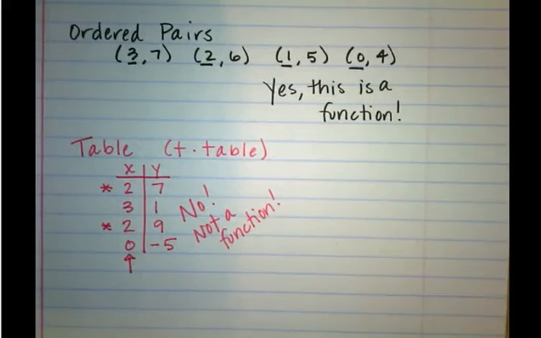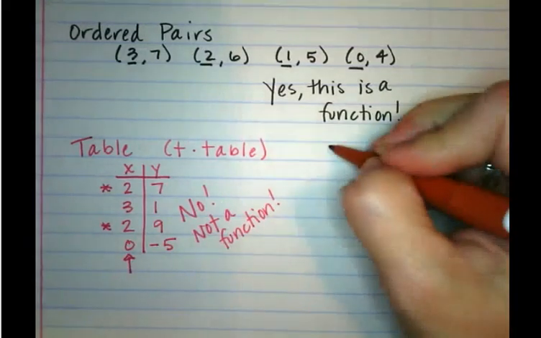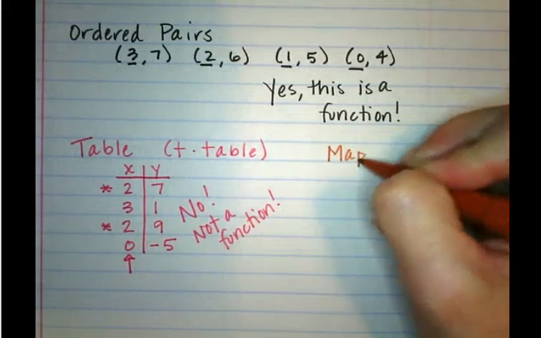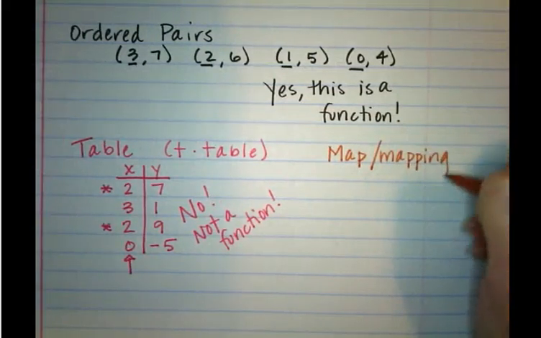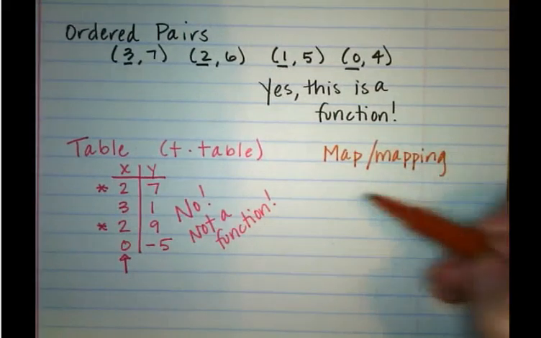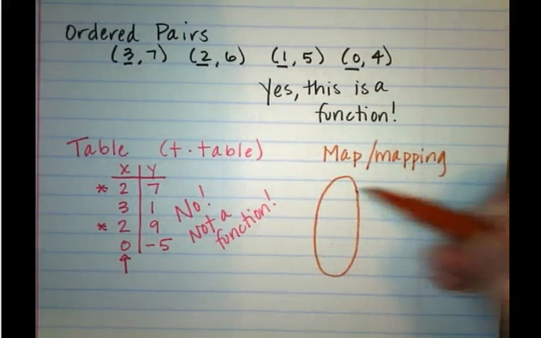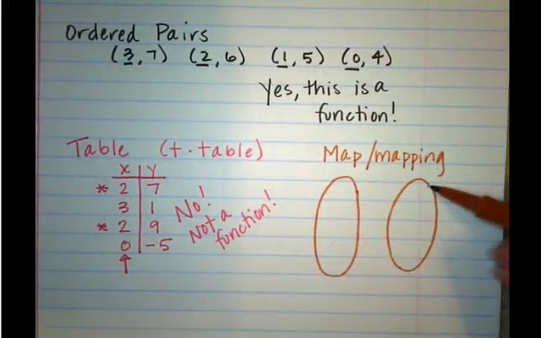All right, another way that we can display this is in a map or a mapping. So whichever you prefer, map or mapping, it's the same idea. What we're going to do here is we usually have two ovals.